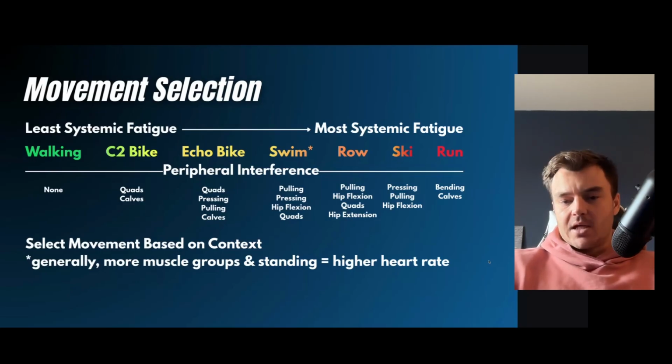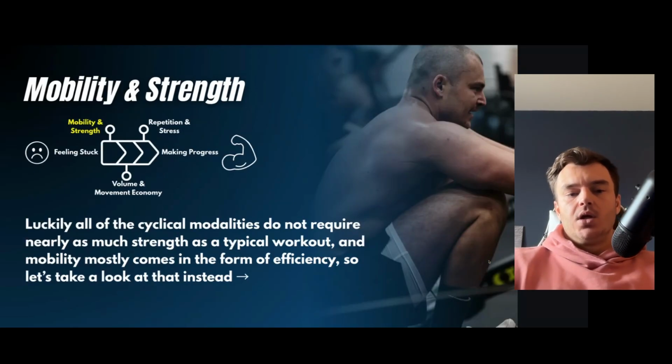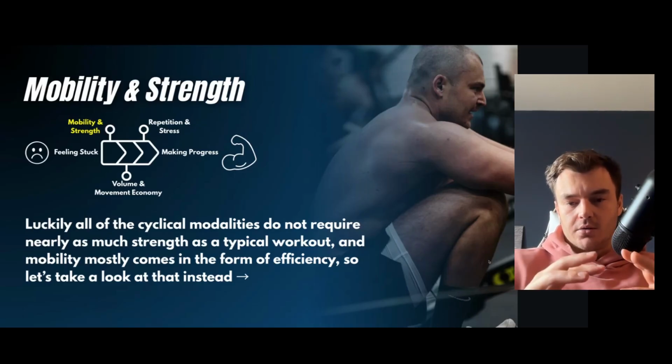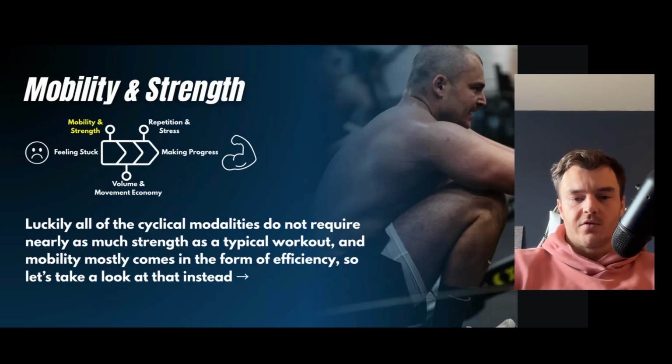You're just going to pick these based on what you're trying to target. So when we're looking at mobility and strength, applying this to our framework, now that we've picked movements, we're applying it to this framework of progressing through mobility and strength, volume, movement economy, and then repetition and stress. The mobility and strength requirements for cyclical movements is extremely low.